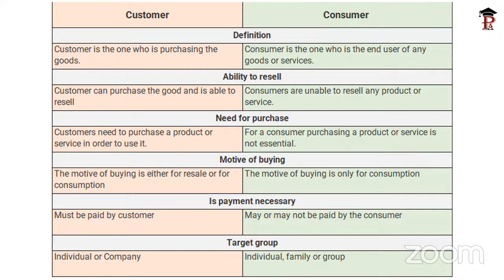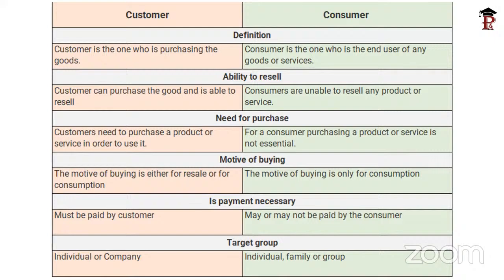Okay, let me give you a different example. My mother has bought some body lotion for herself from the shop. Now when she brings that product home, I'm the one who is using it. So I am the consumer, whereas my mother was the customer. Simple.